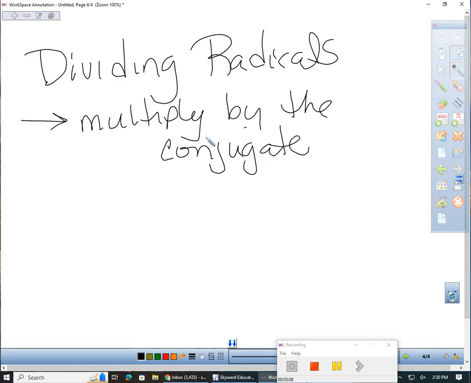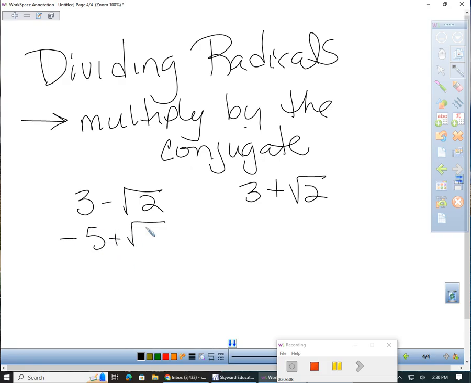Going to remind you, if I have 3 minus the square root of 2, the conjugate is 3 plus the square root of 2. That's J-U-G. Oh, well, that dot is supposed to be over there. Sorry. All right, if I have negative 5 plus the square root of 3, the conjugate to that is negative 5 minus the square root of 3.